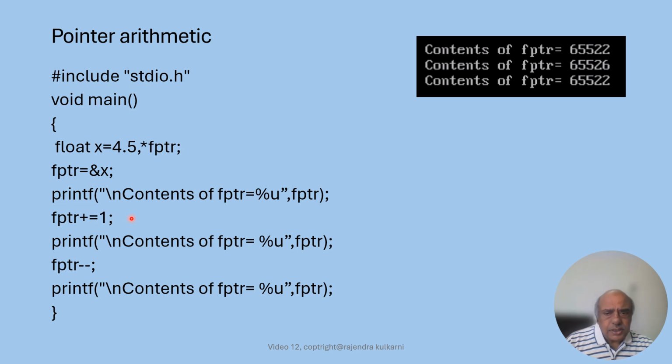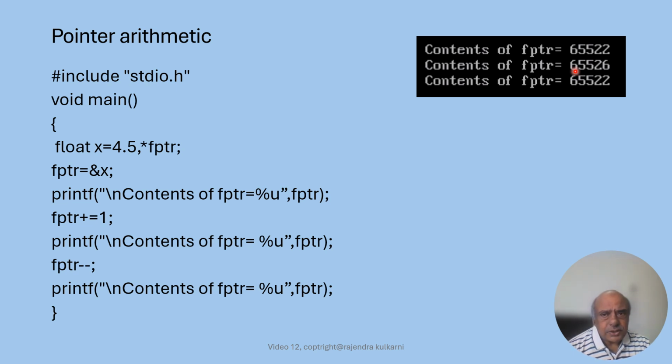On incrementing fptr by 1, the contents of fptr change to 65526. So when we add 1 to a pointer of type float, its contents are incremented by 4.